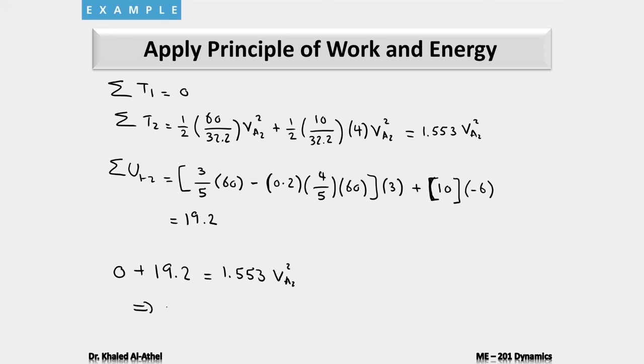This should give me that VA2 should equal, you divide 19.2 by 1.553, and then you take the square root of that one, you get the final answer, which is 3.52 feet per second. So you end up with the final answer, 3.52 feet per second. And this is the final answer.